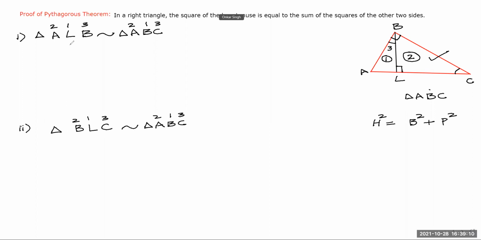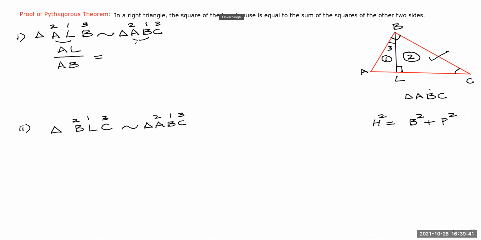Now take this one: ALB is similar to ABC. So what can I write? AL by AB is equal to LB by BC. Yes, you can say LB by BC, but ultimately we want AC square.